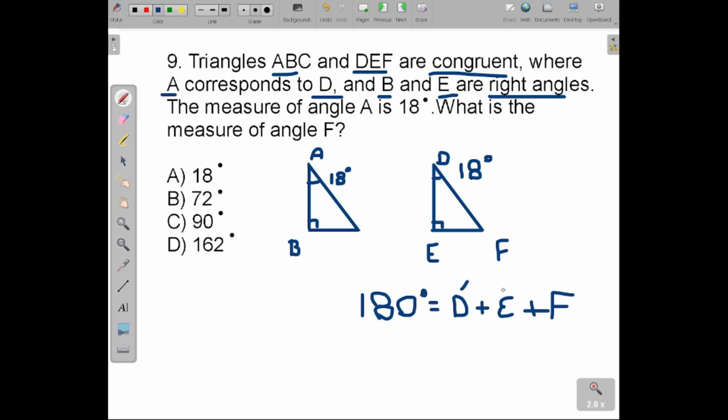And we know D and E. So D is 18 degrees. Let's find out. 180 is equal to D, which is 18, plus E, which is 90 degrees, plus F. We do not know the value of F.